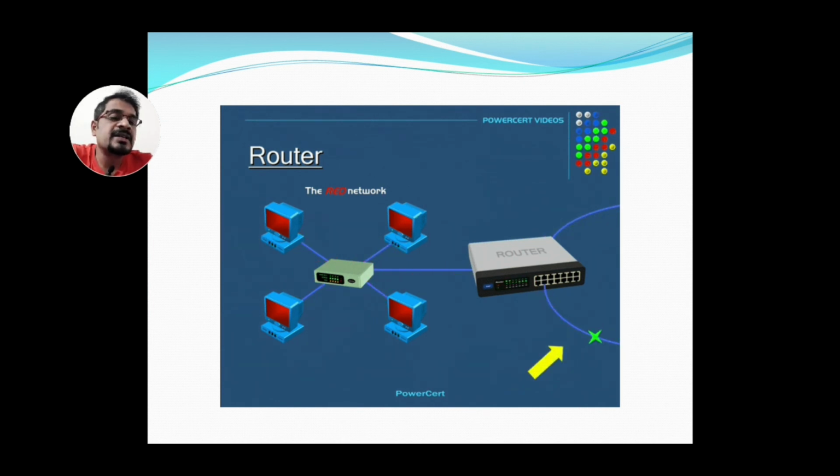All the packets come into that router, and the router looks at the addresses. Only the packets belonging to this red network have to be forwarded to that local switch or hub. So the router needs to operate at the physical, data link, as well as network layer functionality.